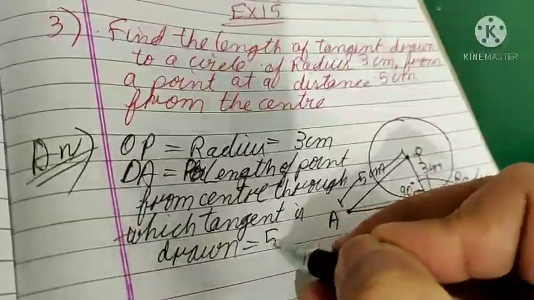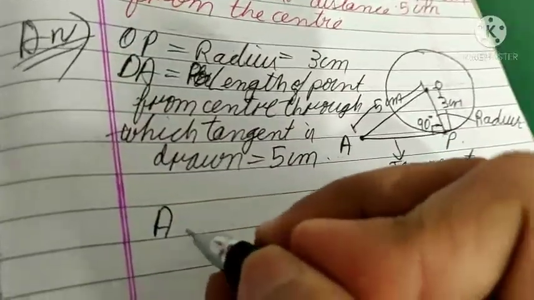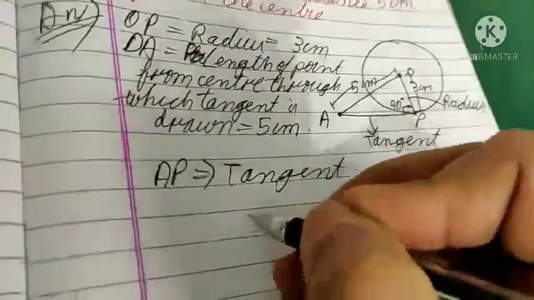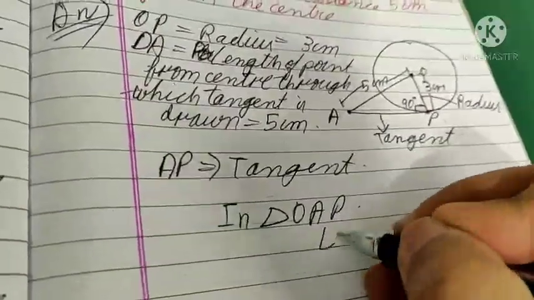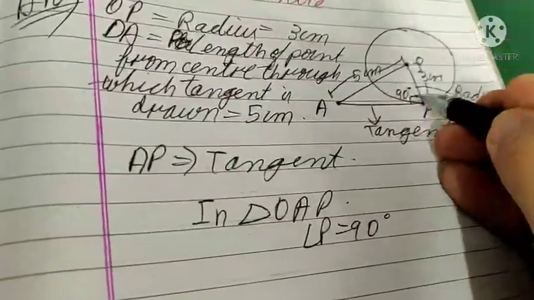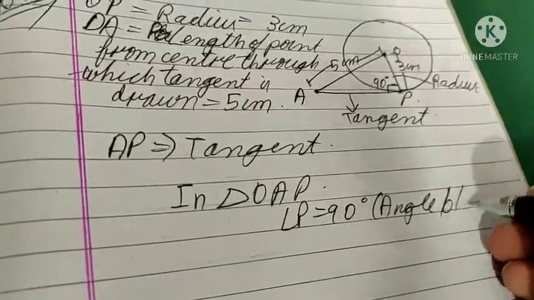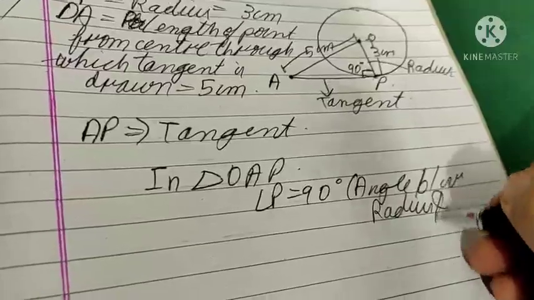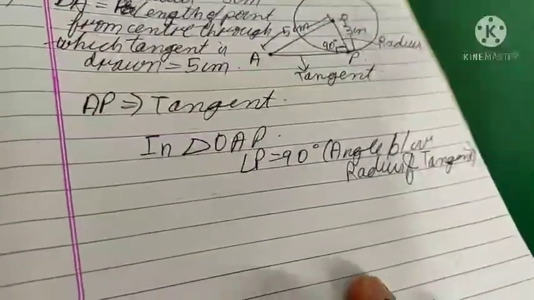It is 5 centimeters, and AP is the tangent. We have to find AP. So in triangle OAP, angle P is 90 degrees, the angle between radius and tangent.